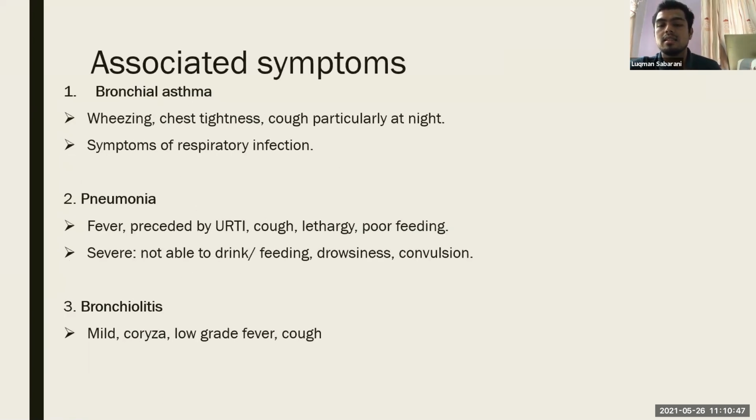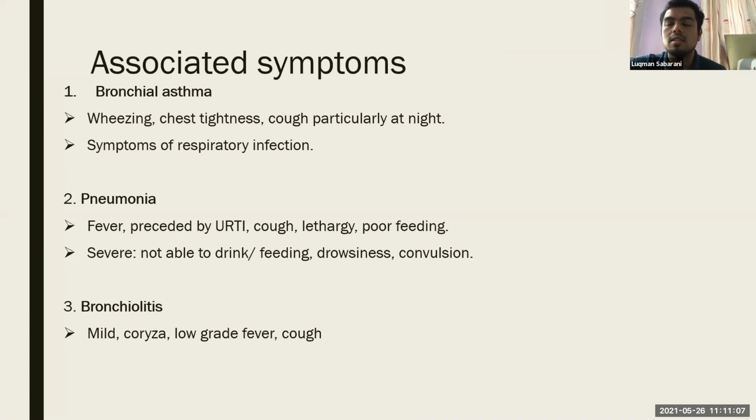Okay, these are several diagnoses related to breathlessness. The first one is bronchial asthma, where the associated symptoms include wheezing, chest tightness, and cough, particularly at night, and they can also present with symptoms of respiratory infection. Second is pneumonia.